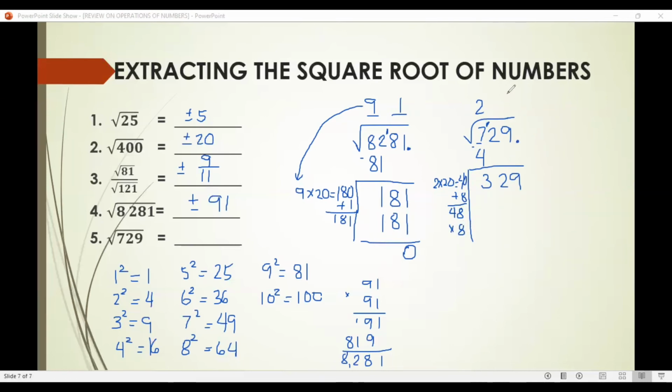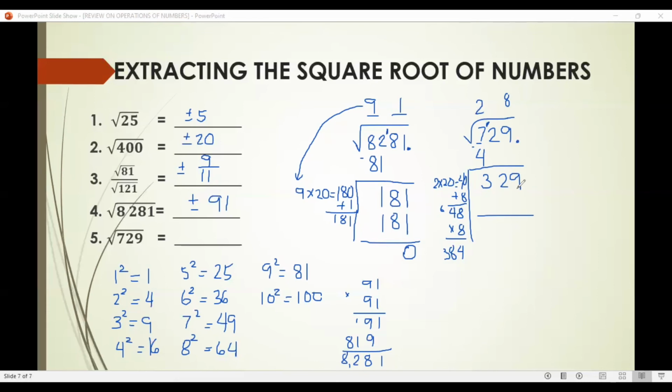Because if I assume that the answer here is 8, this simply means that the number I will subtract from the 329 will be the product of 8 and the 48 here. So 8 times 8 is equal to 64. You have to regroup 6 there. So 32 plus the 6 is 38. So it's far higher than the 329.